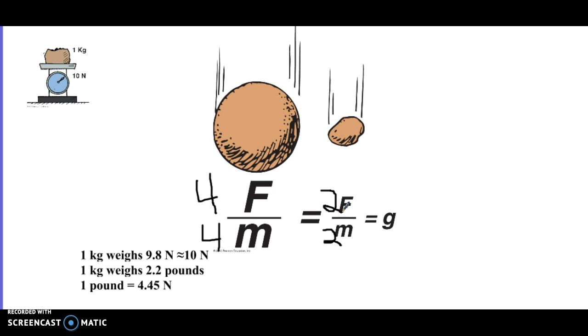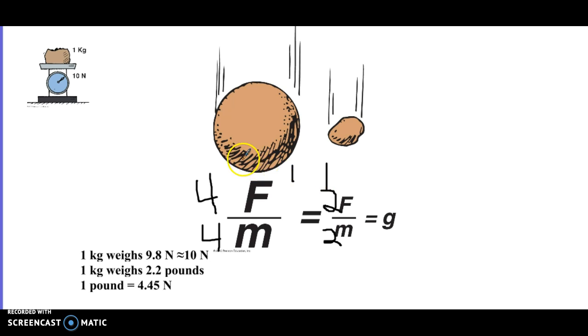So even though this one has more mass, which we'd expect to make it fall slower, it also has more weight, which would make it fall faster, and that cancels each other out. This one has a small mass, so I think, well, it's not going to fall very fast, but it also has a small amount of force pushing on it. So if you divide 4 by 4, you get 1. If you divide 2 by 2, you get 1, and they would both fall at the same rate.